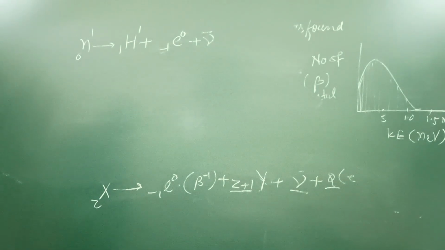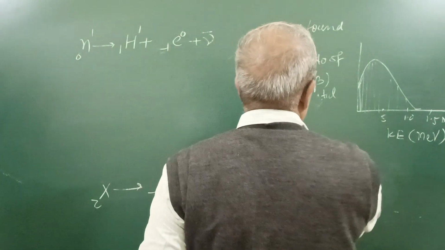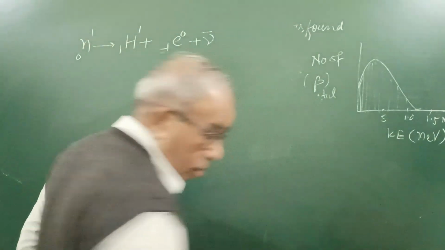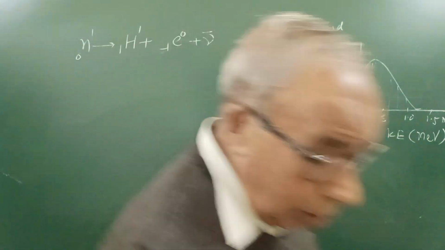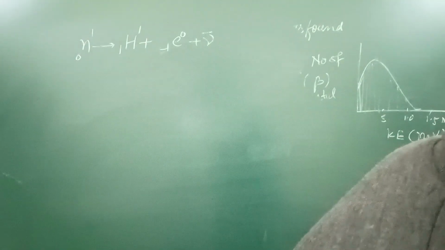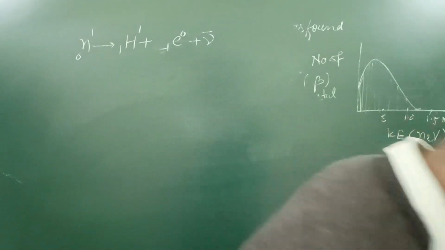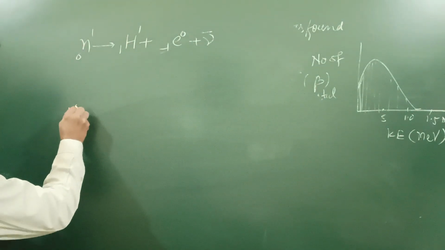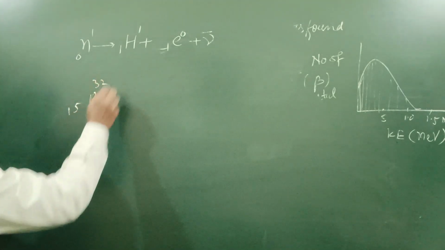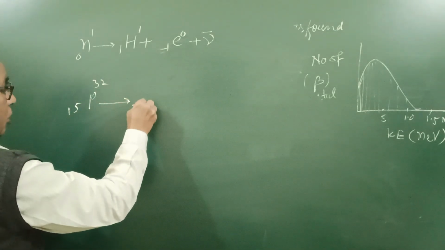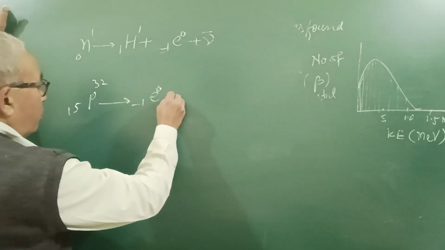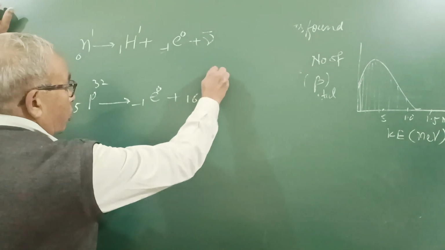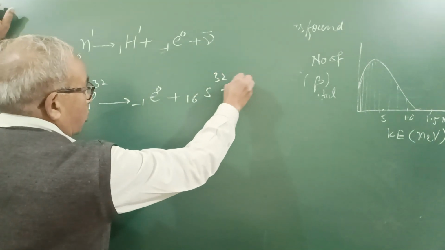A neutron inside the nucleus decays into a proton, an electron and an antineutrino. An example of this is 15P32, phosphorus. It gives -1e0 plus 16S32 plus antineutrino.